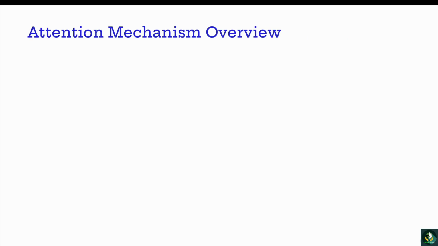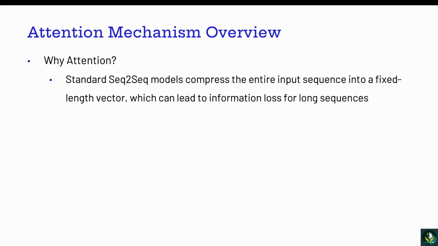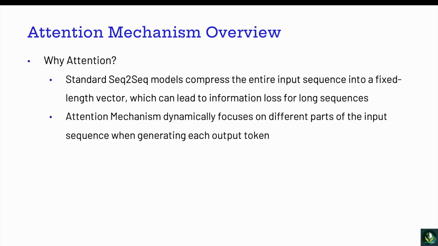Next, let's talk about the attention mechanism overview. Now, why attention? Standard seq2seq models compress the entire input sequence into a fixed length vector, which can lead to information loss for long sequences. This attention mechanism dynamically focuses on different parts of the input sequence when generating each output token.